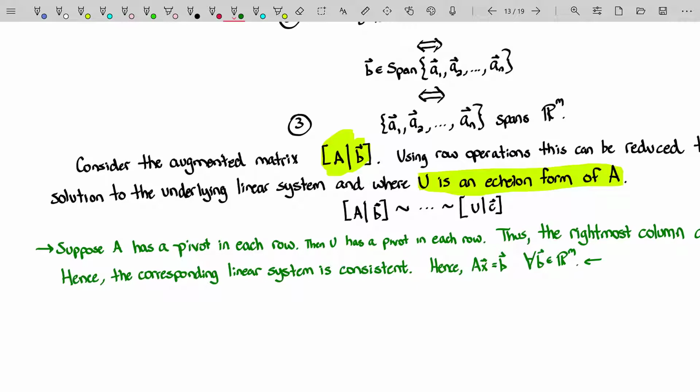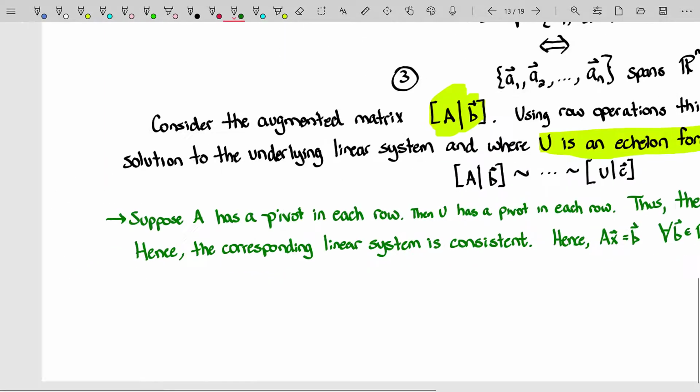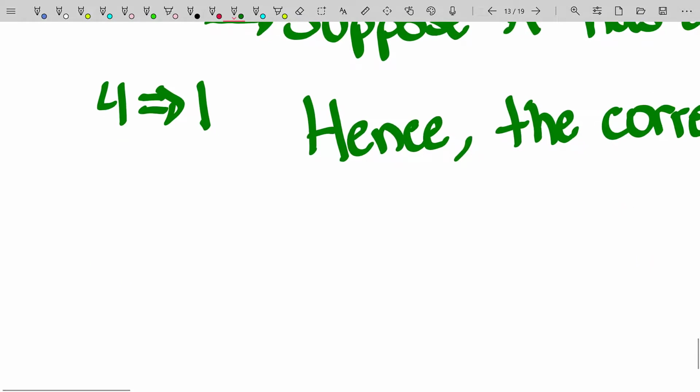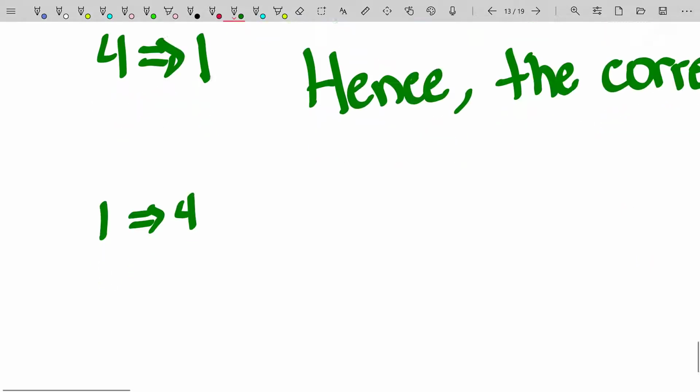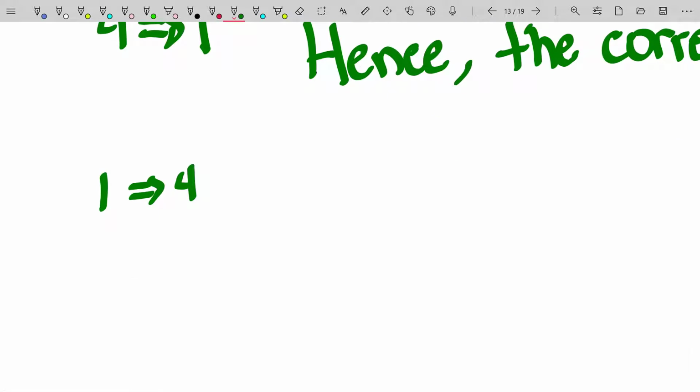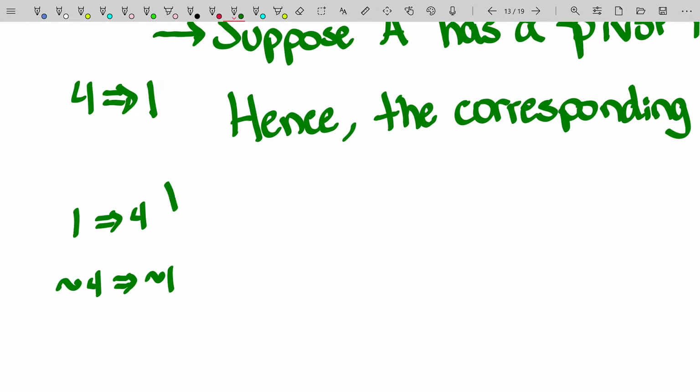Let's go ahead and prove that 1 implies 4. Now, we've proved 4 implies 1, and we now want to prove that 1 implies 4. And we're going to do this by contraposition. We're going to say, well, what if 4 is not true? Let's use that to prove that 1 cannot be true. That's contraposition right there.